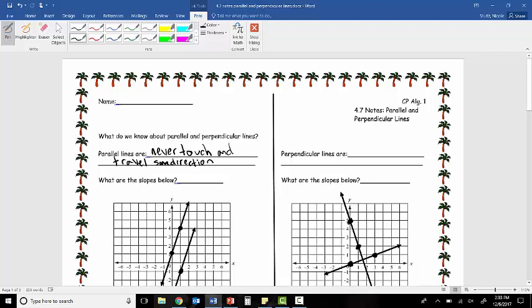Whereas perpendicular lines are lines that make a 90-degree angle where they cross.